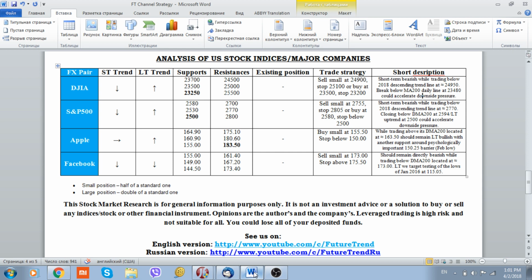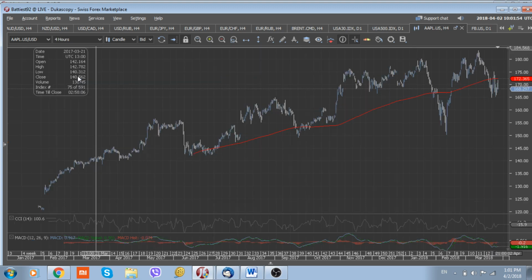To say the truth, from a longer-term point of view, while above this trend line, above this psychologically important barrier of 150, we still expect that Apple sooner or later should resume its major uptrend.